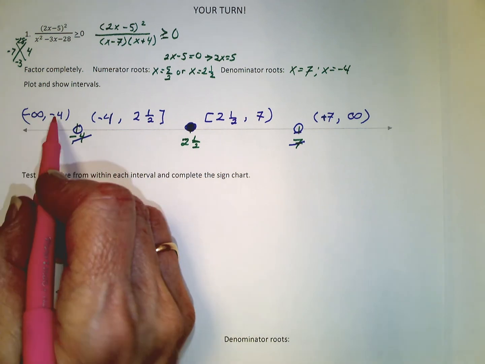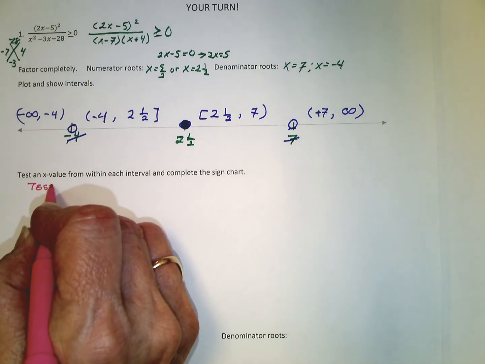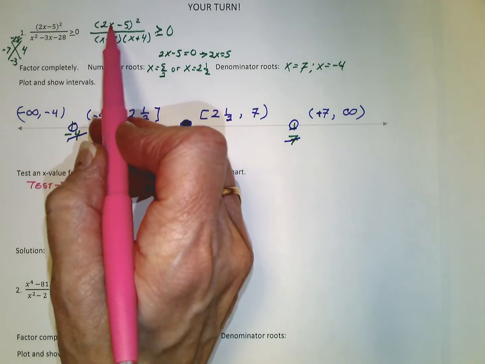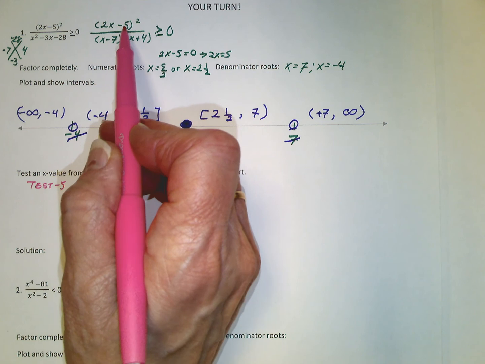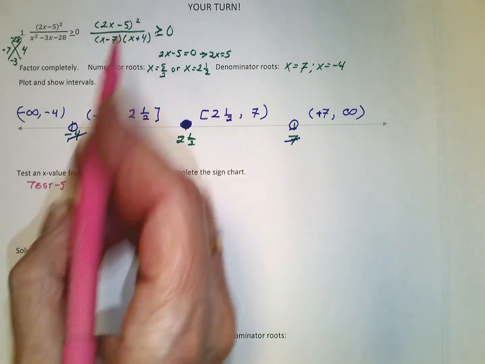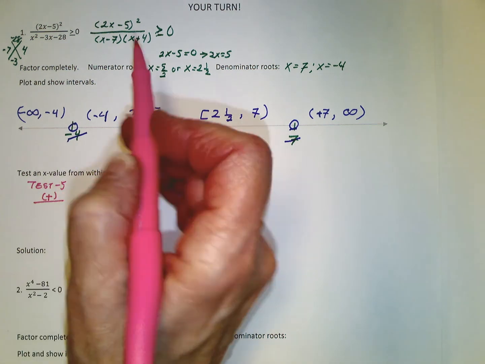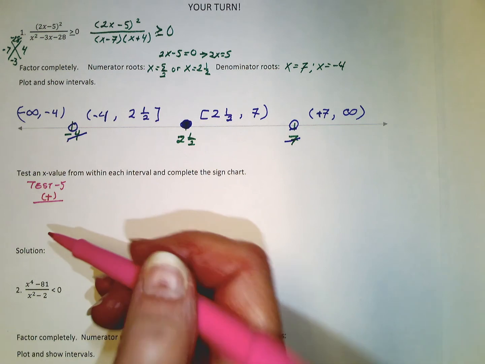From negative infinity up to negative 4, I'm going to go with negative 5. So if we put a negative 5 in here, that's a negative 10, minus 5 is negative 15, doesn't matter because we're squaring it. The numerator's going to always be positive unless we plugged in the 2 1/2.